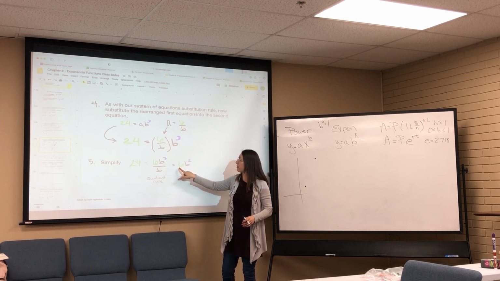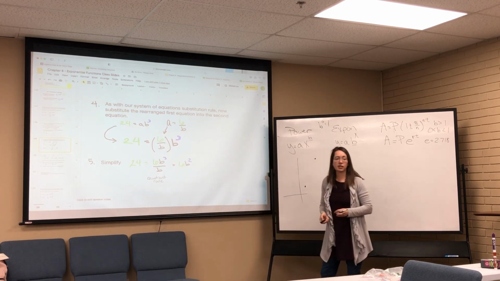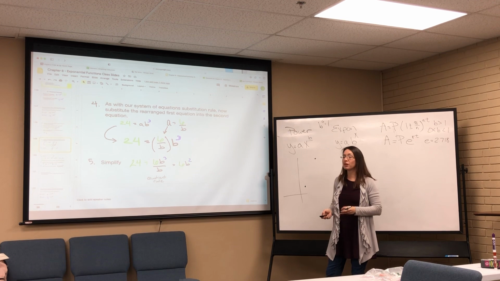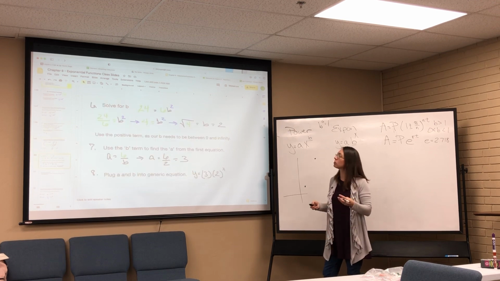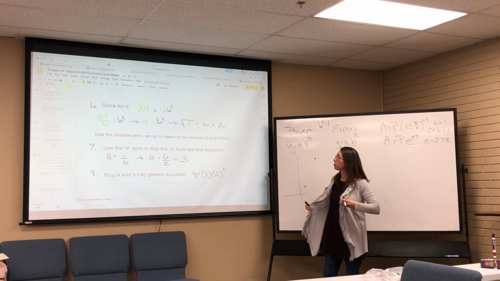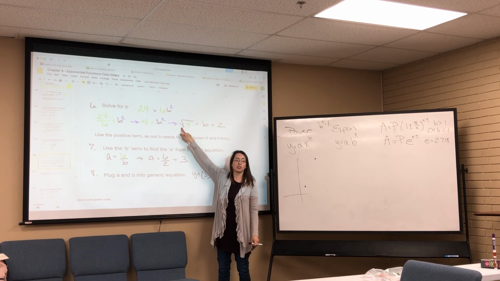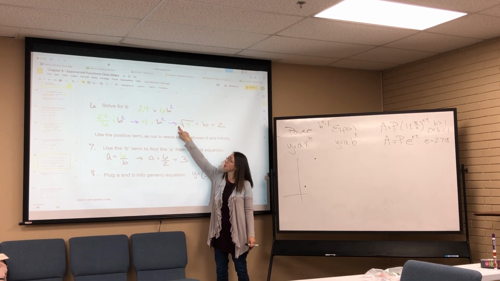So we have 24 equals 6b squared. We're just going to keep using our rules that we know. This is where we're pulling everything out of our toolbox. So 4 is equal to b squared. We're going to take the square root. What is something that I didn't do right here that typically we would see right in front of this?